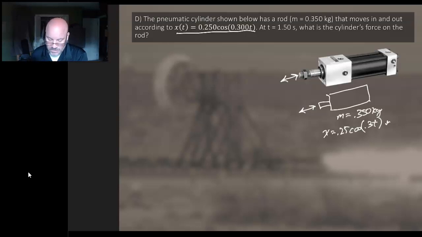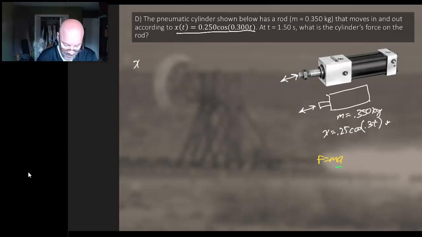So it's asking about force, and force is going to be ma. The key to pulling this off is figuring out the value for a. Let's start with our original equation: x is 0.25 cosine 0.3t.